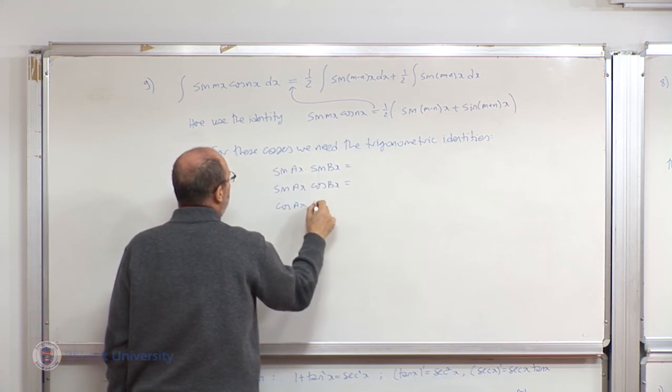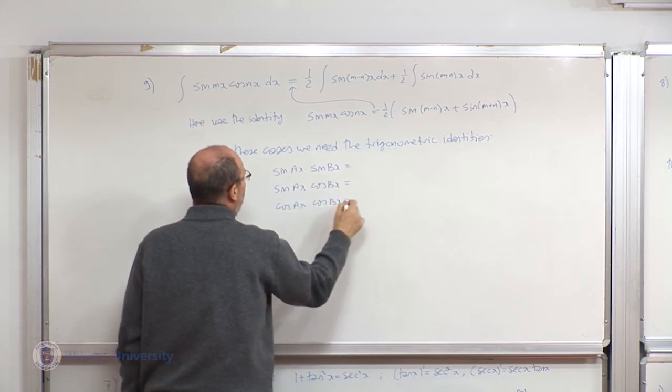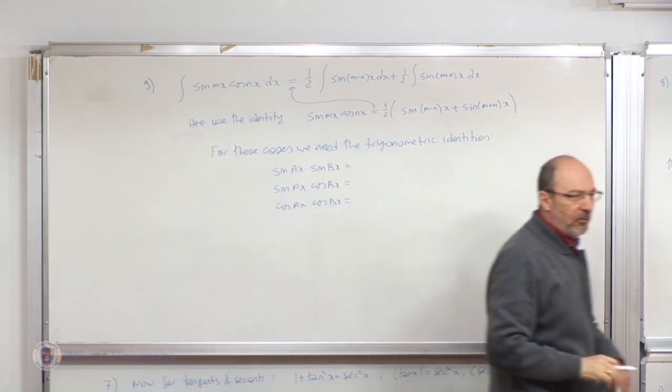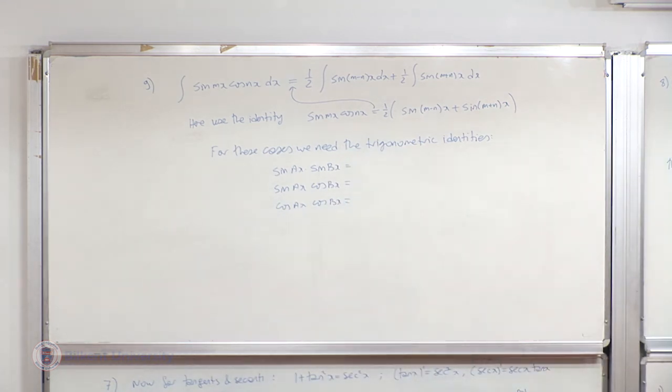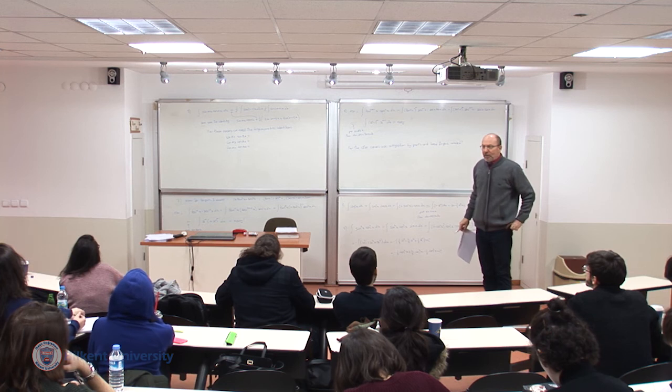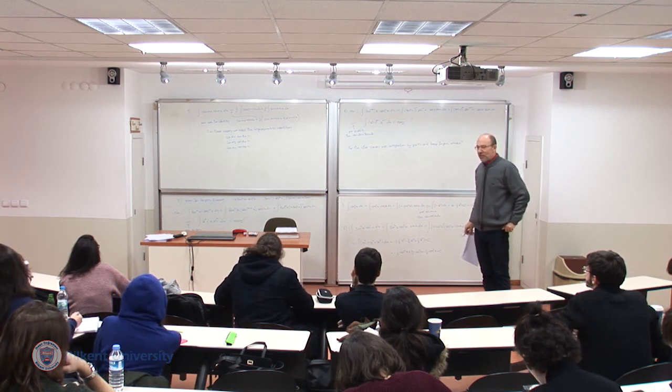Cosine ax cosine bx. If I remember correctly, we had formulas for these things. How do you find formulas for these things?